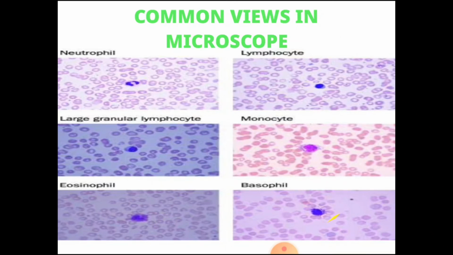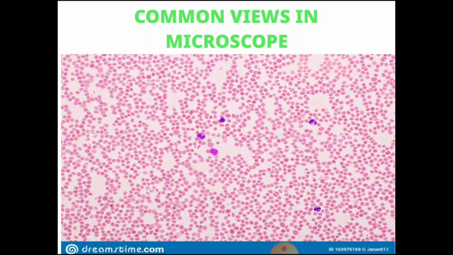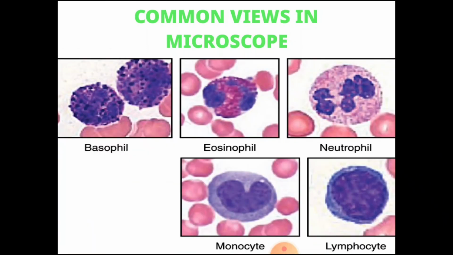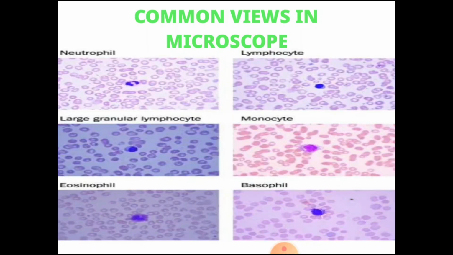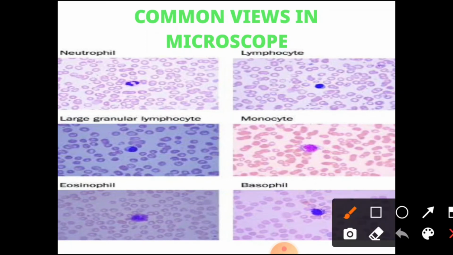This one is a basophil, and this one is a monocyte, a large cell with a kidney shaped nucleus, and this one is a small lymphocyte. This is with the high power objective lens.